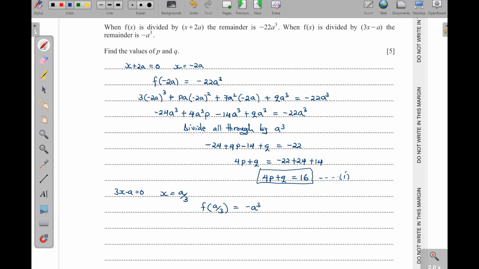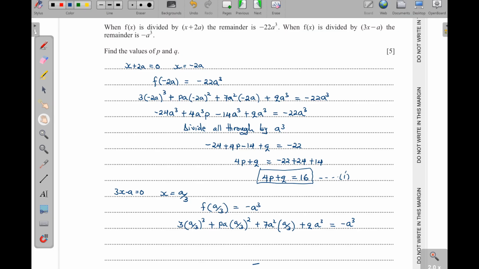Now we substitute, so we shall have 3 into a over 3 cubed, then plus pa, then we put a over 3 squared, then we have 7a squared into a over 3, then plus q a cubed, then this one is equal to negative a cubed.